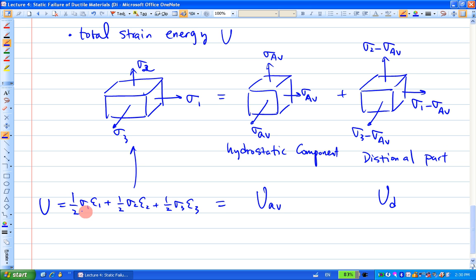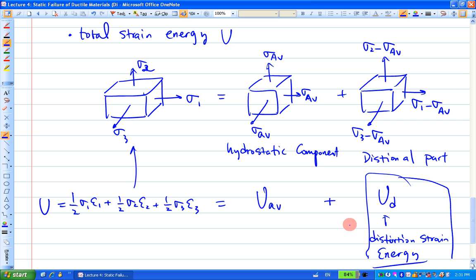Which means the total U equals UAV plus UD. The UD here is the distortion strain energy. This is the quantity we're looking for.